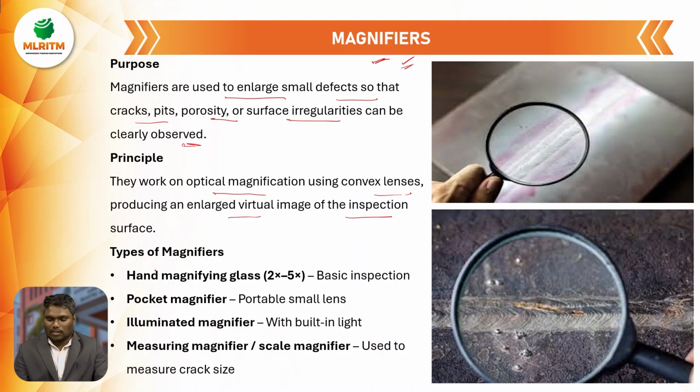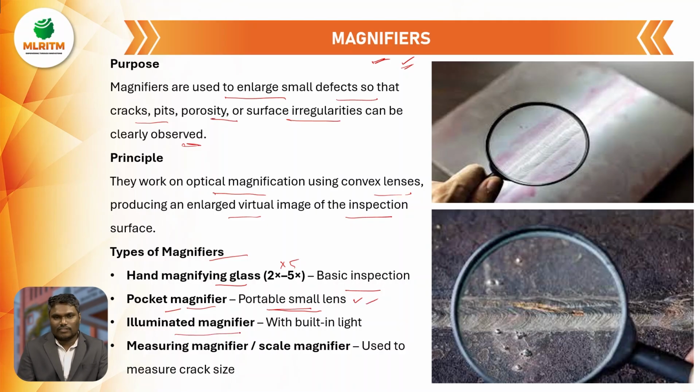There are different types of magnifiers that can be used in the non-destructive testing process. That is hand magnifying glasses, 2 by 5 size, mainly used for the basic inspection procedure. The next one is the pocket magnifier, consisting of a very small lens, utilized as a portable small lens.